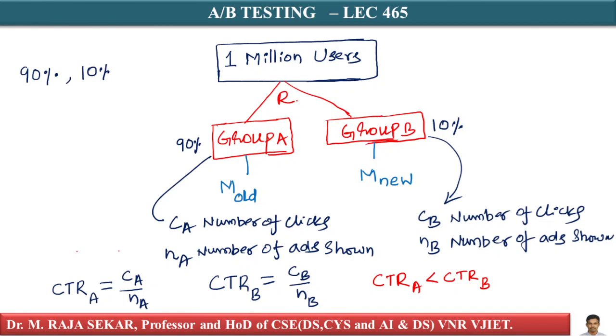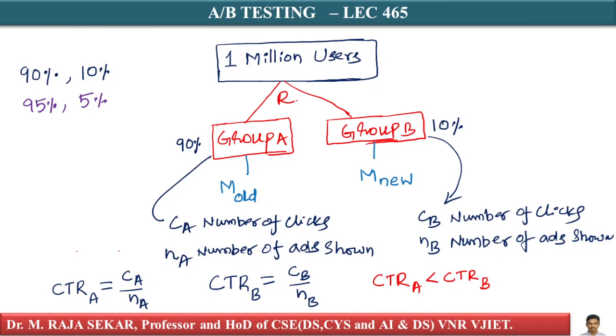So first I will start with a 90-10% split. Oftentimes we start with a 90-10% split, even a 95-5% split in some cases. We send 95% of traffic to A, with the old model.